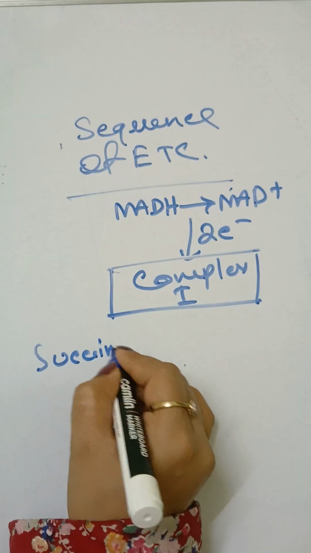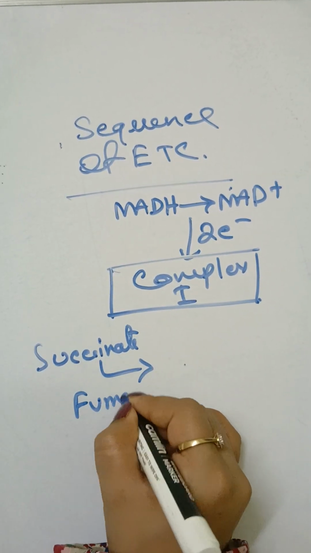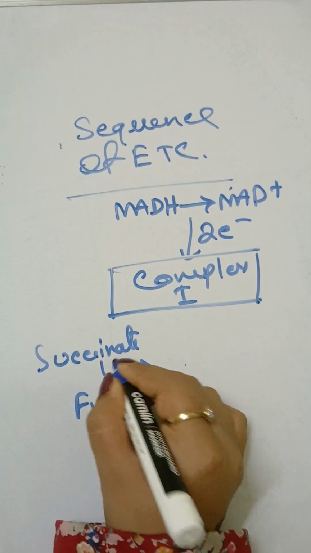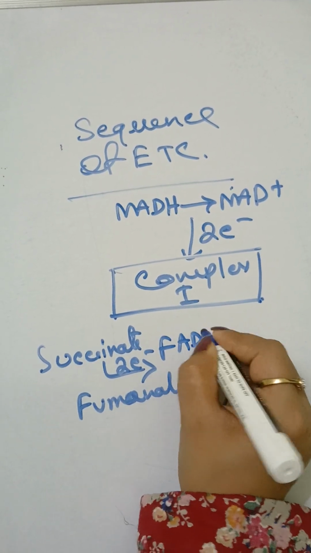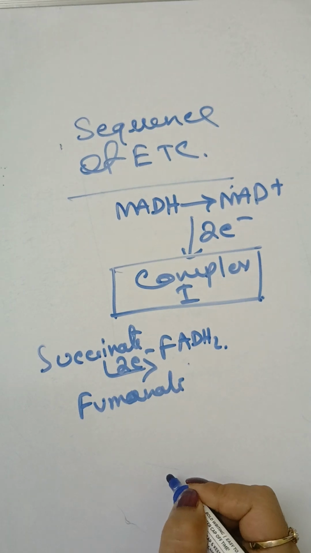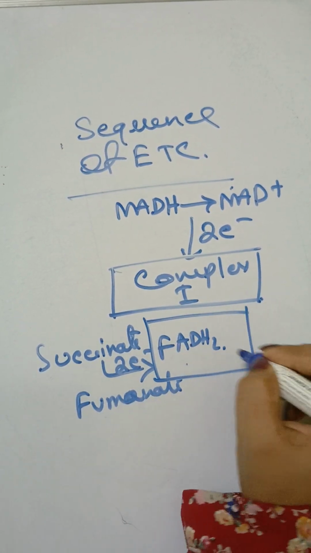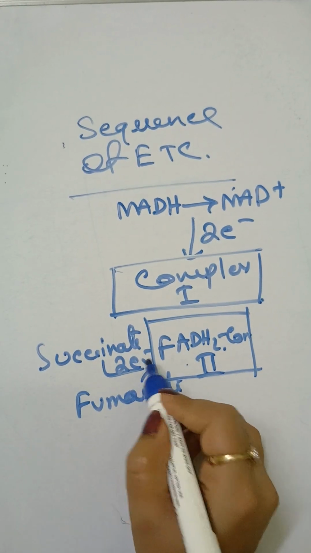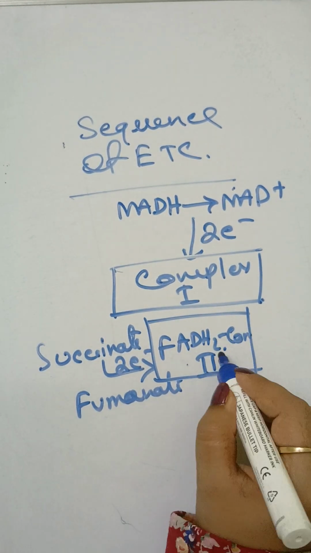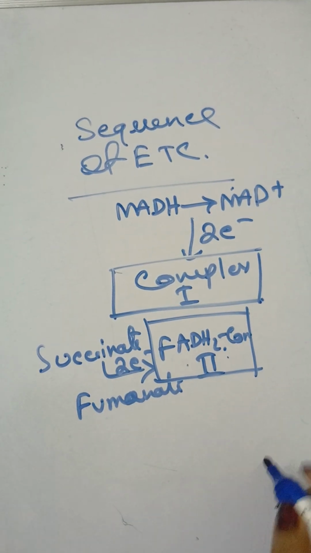From succinate to fumarate production, 2 electrons will be released to FADH2. Now this is complex 2. These 2 electrons will be transferred to complex 2, where the reoxidation of FADH2 occurs.